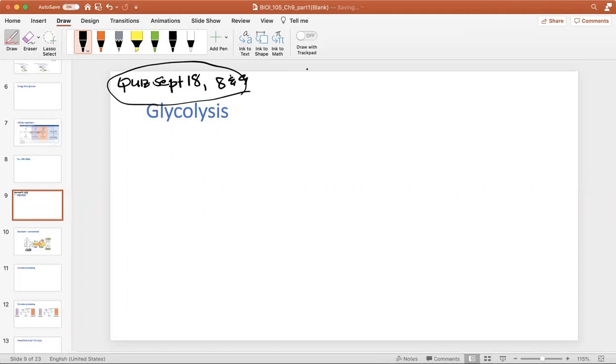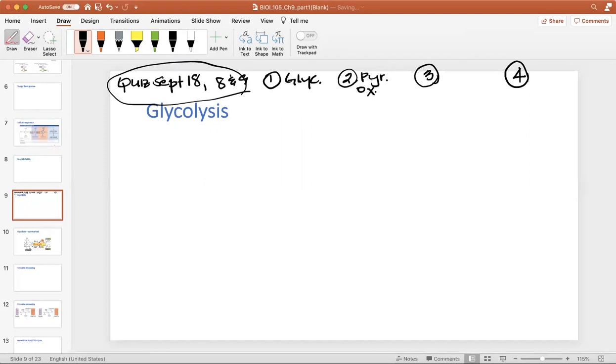Now, as a review from chapter 9, part 1 video, we can divide cellular respiration into 4 basic parts. The first one is glycolysis, and I'm going to abbreviate. The second one is pyruvate oxidation.